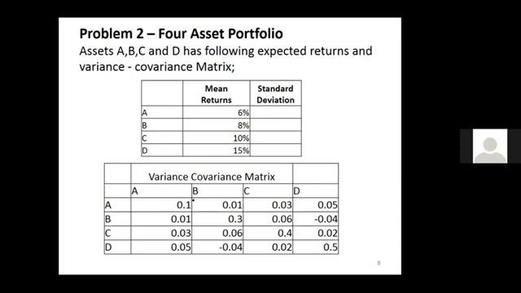So these are variance values between the same assets. We can't see the difference. In the other case, these values are covariance values.